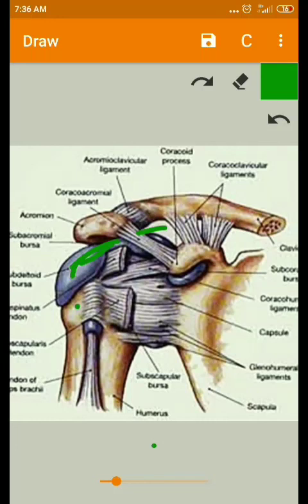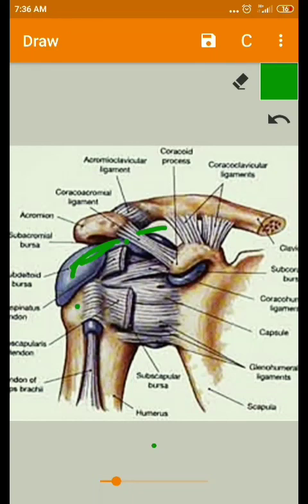Okay, and this per se does not communicate with the joint. It also acts as a secondary socket to allow the lateral rotation of the humerus during overhead elevation of the arm.